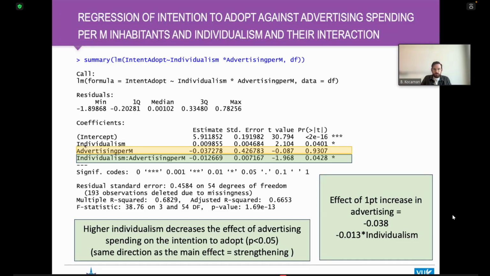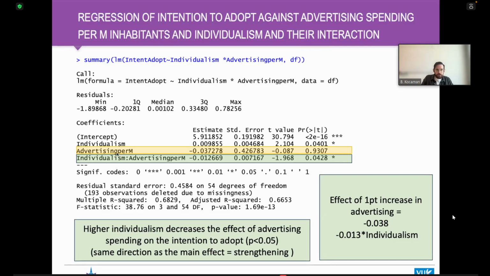So you don't have to write individualism plus advertising spending per million inhabitants plus the interaction. You can just write the interaction and it will add this. Or you can manually write variable 1, variable 2, and their multiplication. It's equivalent, just an easier way to do this in R, so don't be confused by that.